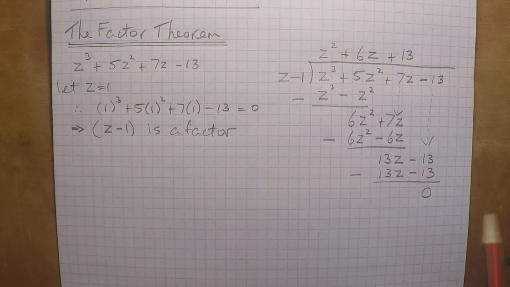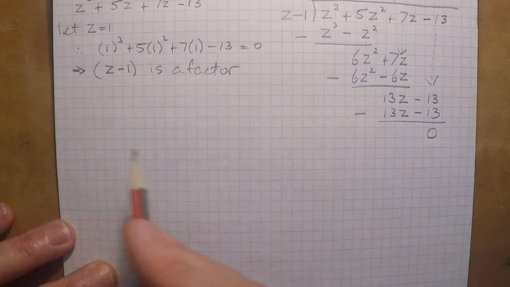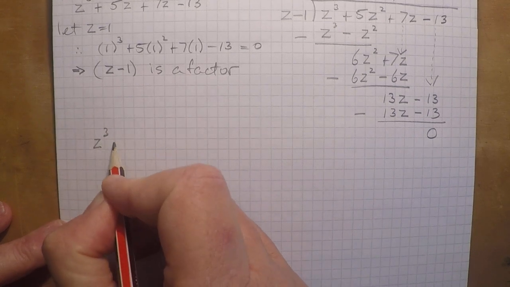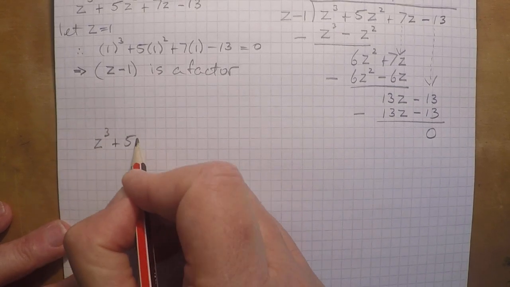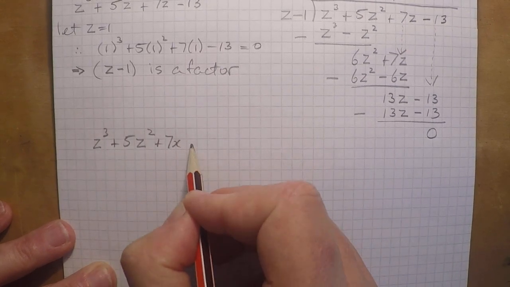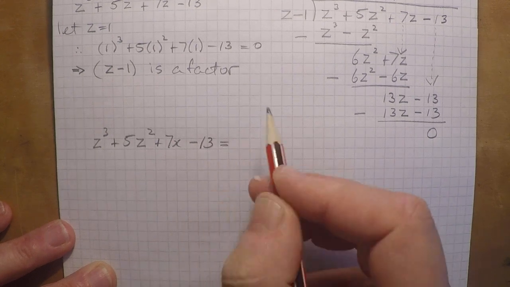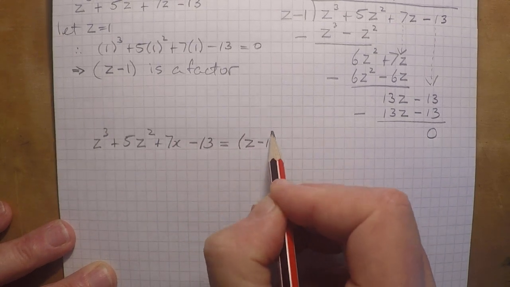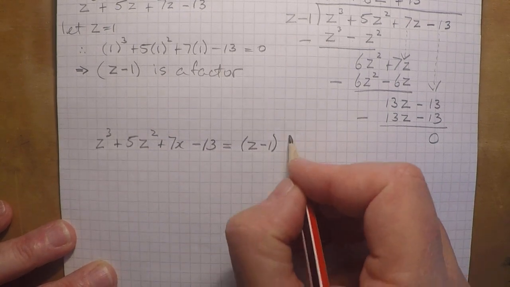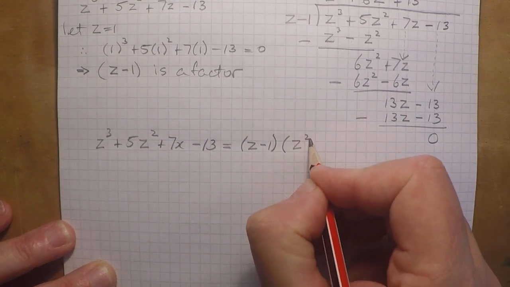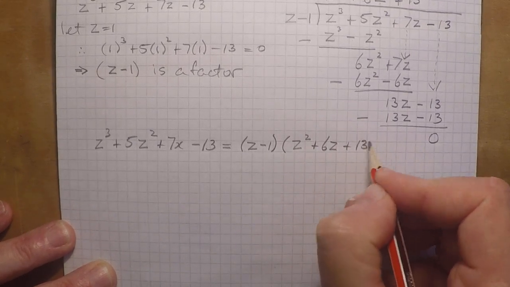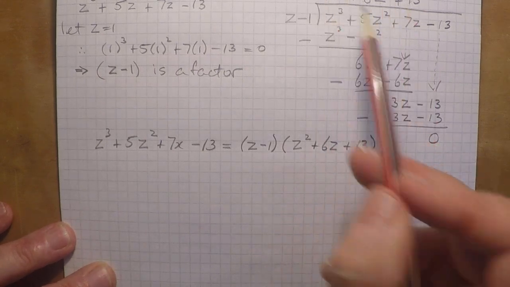So we finish by saying our original polynomial, z cubed plus 5z squared plus 7z minus 13 is the same as z minus 1, the factor that we discovered, multiplied by z squared plus 6z plus 13, this part.